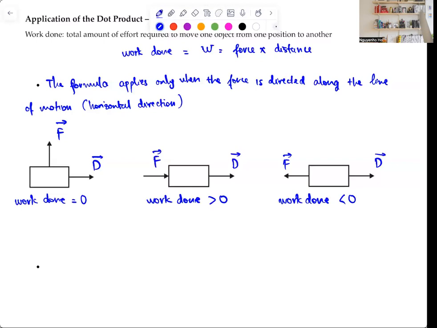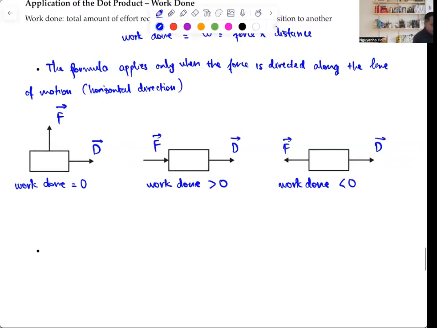But in reality, we don't usually have these nice situations, okay? When you move a table by yourself, just pushing, right, or pulling horizontally, what do you do? You carry like this. And that. So that is a more realistic situation.